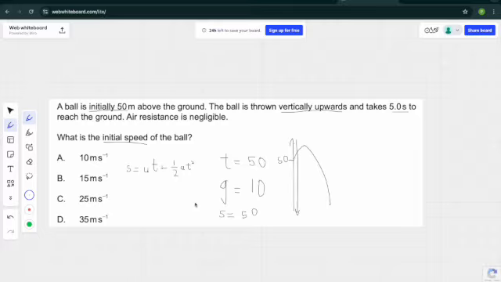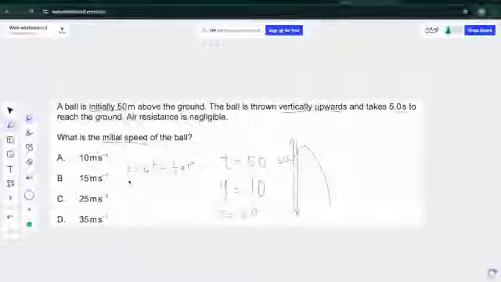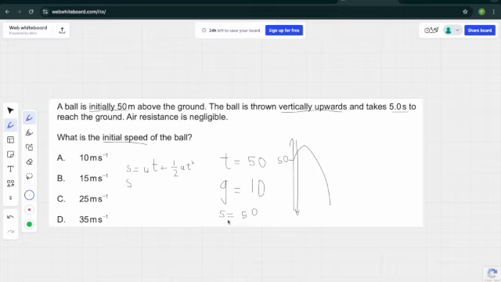But if you think about it, our initial height is 50. After that, the ball goes up and then falls back down. So we can't say that s is equal to 50. That would be very wrong. So let's rewrite this as a function of itself, right? So we'll call this 50 as s0, which represents the initial state.